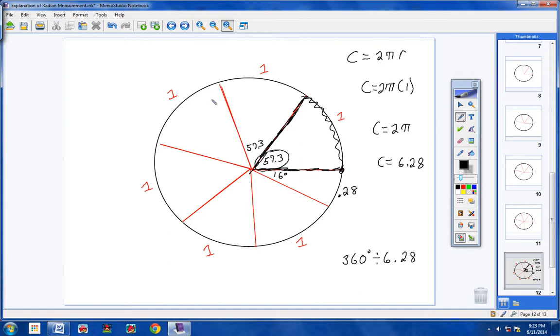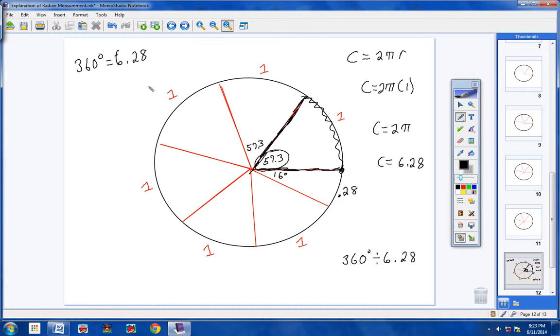And so if you go all the way around the circle, then that's going to give you 360 degrees. Or you could also say this. Think about it, students. If 1 radian equals 57.3 degrees, and you were to go all the way around the whole circle, 360 degrees would equal what? Wouldn't it be 6.28? Isn't that the entire circumference? Sure it is.